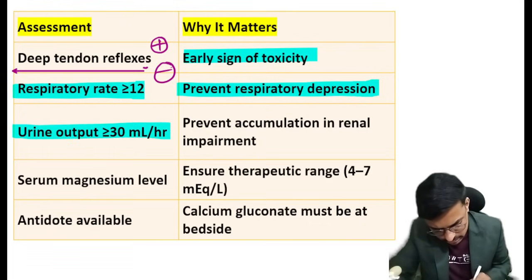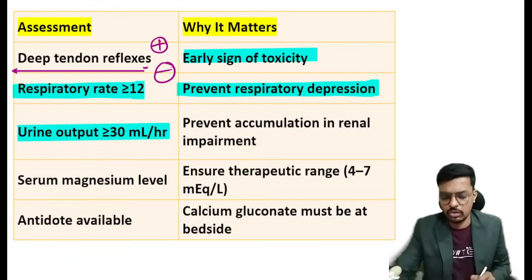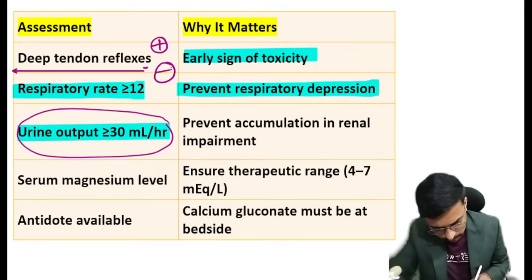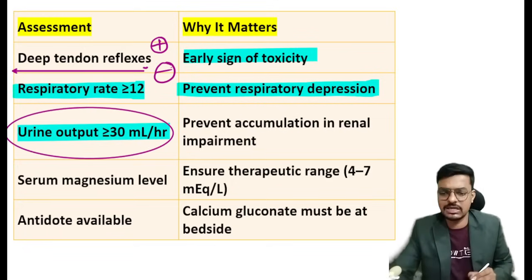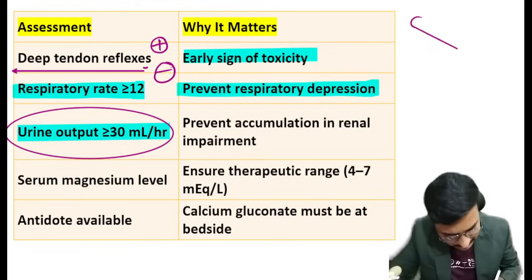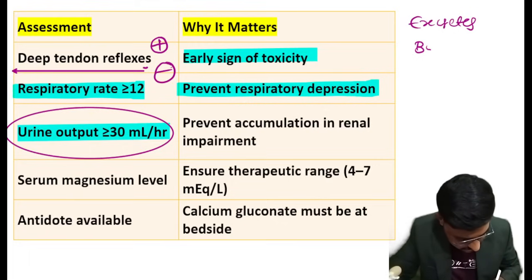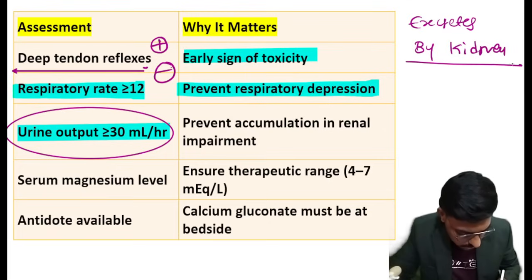Before administering the MgSO4, we also need to monitor the urine output. Why do we need to monitor the urine output before administration of the MgSO4? Because injection MgSO4 gets excreted by the kidney.